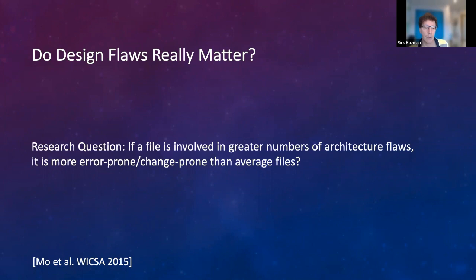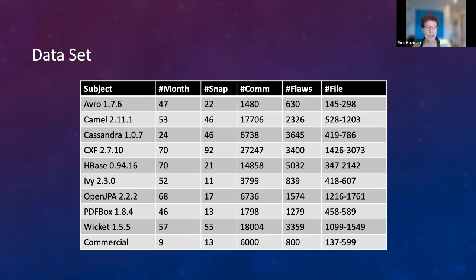So we did a study asking this question. And the question we posed in the study was, if a file is involved in more flaws, is it more error prone? Is it more change prone? So that's one way of asking whether the flaws matter. So for this study, we looked at 10 projects, 9 open source and 1 commercial.